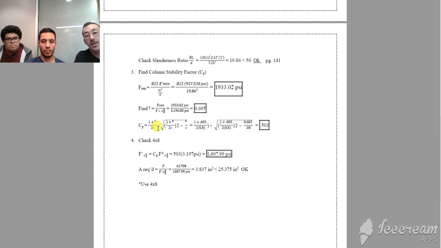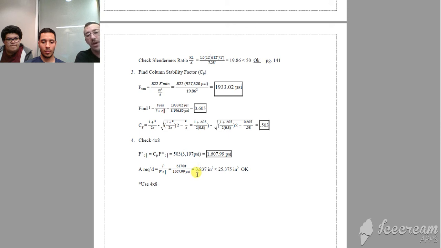So in this, we basically repeated a lot of steps that were given to us in the formula, and if you look here, you can see every step that we had taken. And down here we got 0.503, and then we checked our value for our 4x8 member, and we compared it to what our area required was to what we had found through our formula.